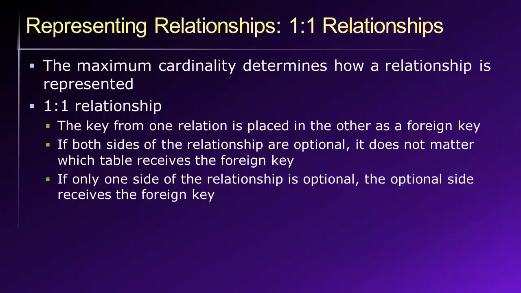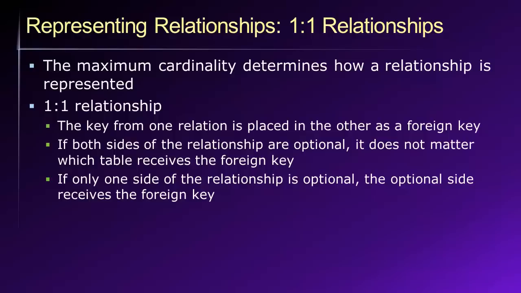First, let's consider a one-to-one relationship. Now the question here is, in order to establish a relationship between two tables, we need to use a link between a primary key and a foreign key. But in a one-to-one relationship, which table should contain the foreign key?